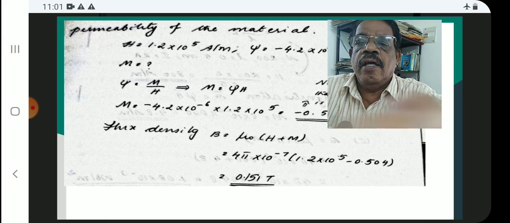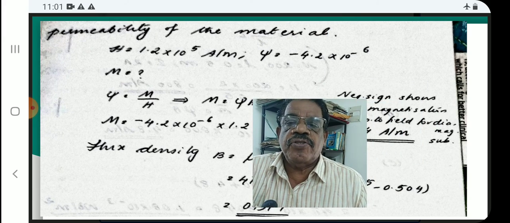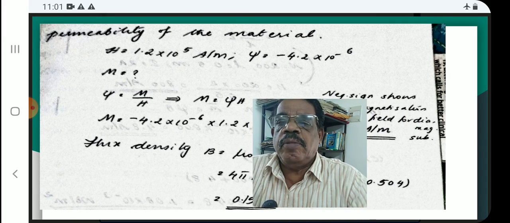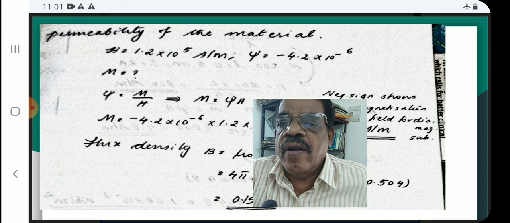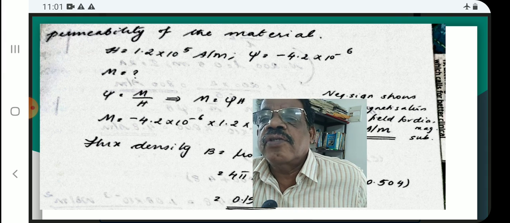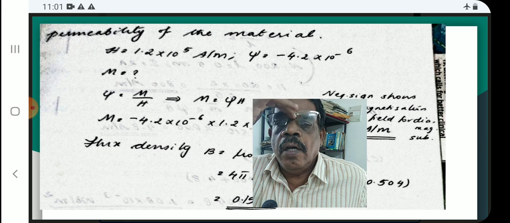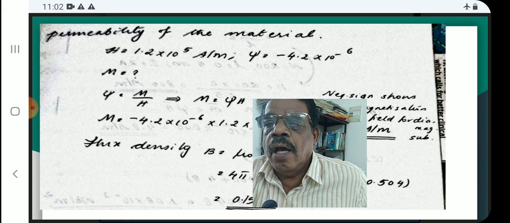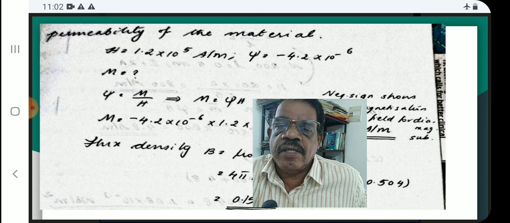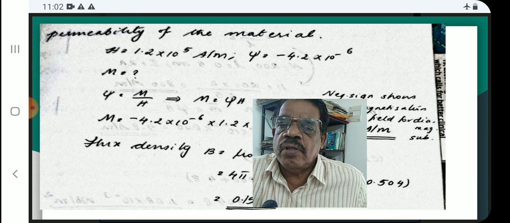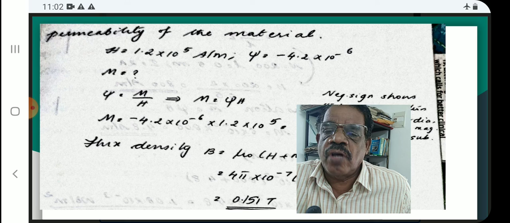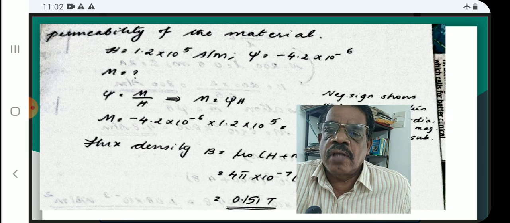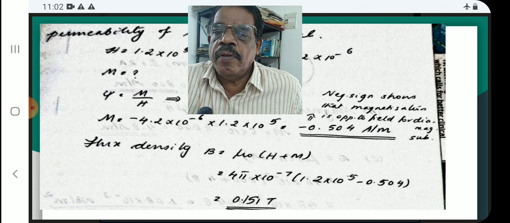Here we can find the permeability of the material first. The H field is given as 1.2 into 10 raised to 5 ampere per meter, and psi is minus 4.2 into 10 raised to minus 6. The magnetization M we have to find, and you know psi is M by H, or M is psi H on cross multiplication.